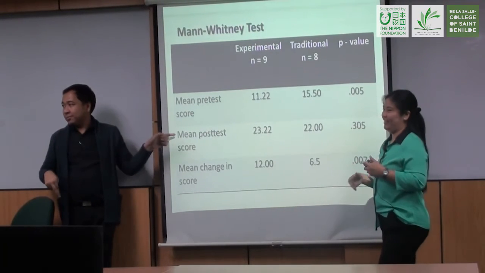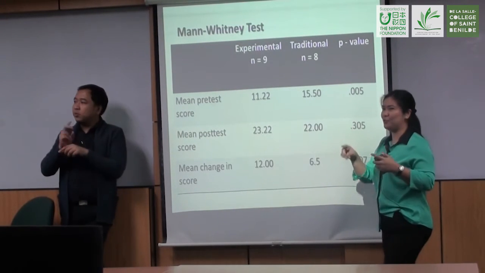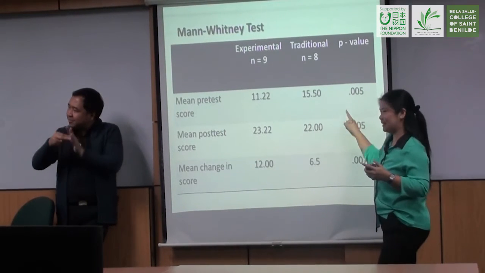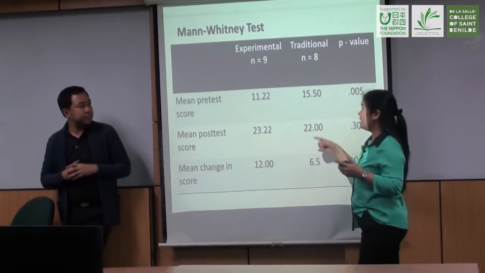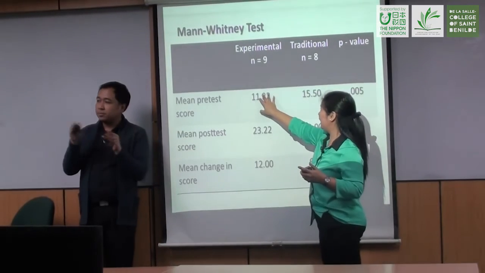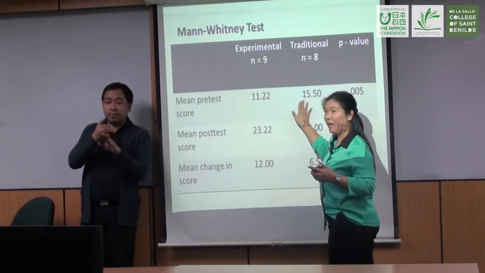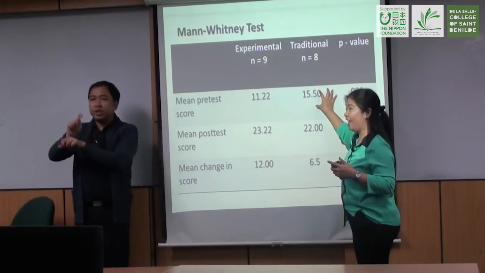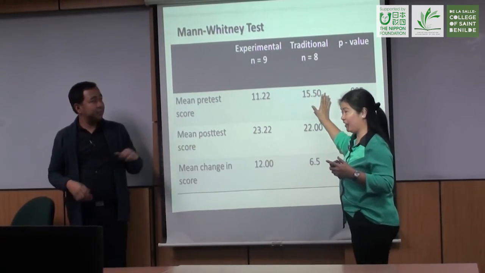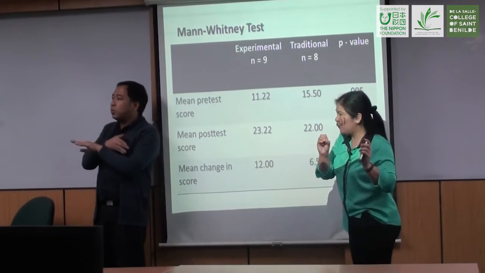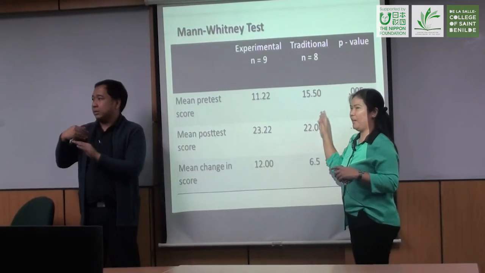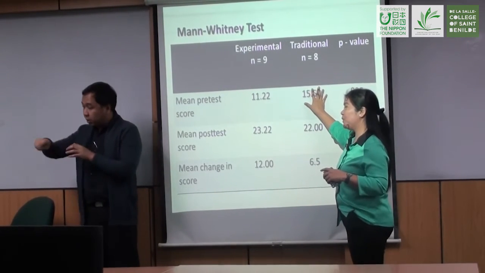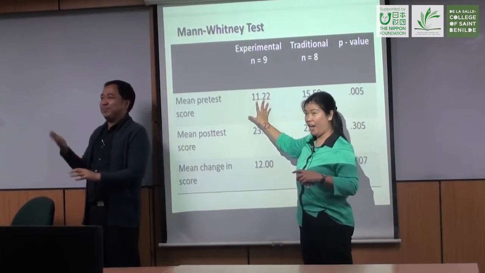Okay. So this is the SPSS, and you should know how to tell the meaning of these numbers. As you can see, getting the mean score of the three tests, when you compare, which is higher? The traditional is higher at the start, before teaching. So it tells that there's prior knowledge, they already know something, compared with this one.